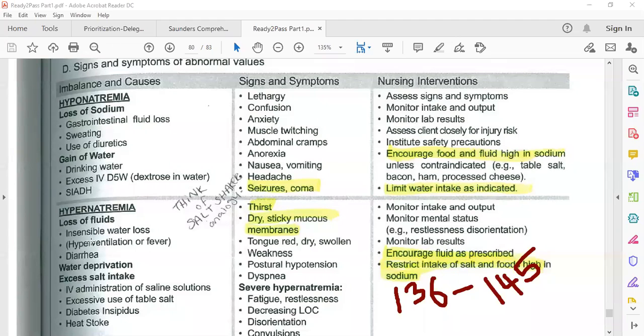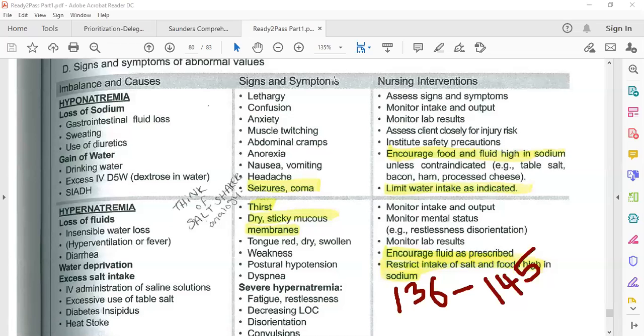Let me read it: loss of fluid like insensible water loss, hyperventilation, fever, or diarrhea; water deprivation; if anybody takes excess salt or sodium, or excessive use of table salt; diabetes insipidus; heat stroke, because in heat stroke there is too much sweating and water loss. This is how hypernatremia develops.